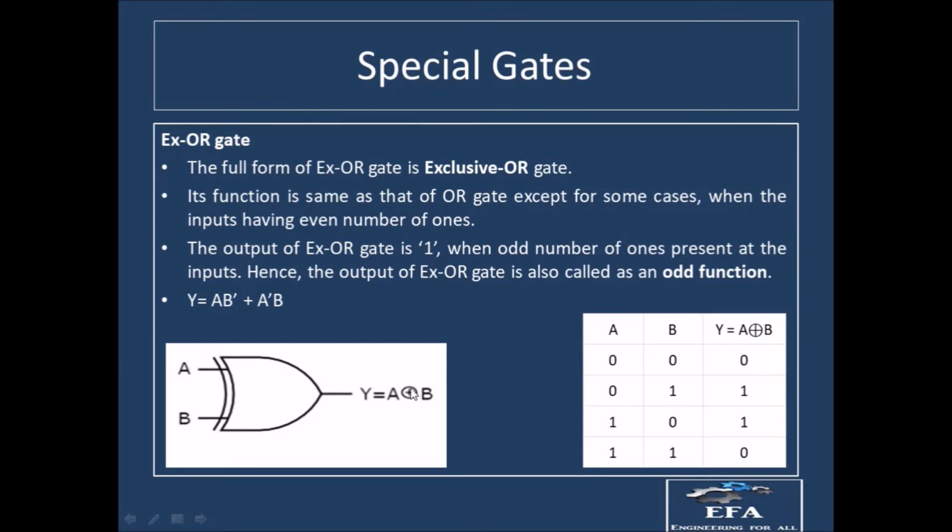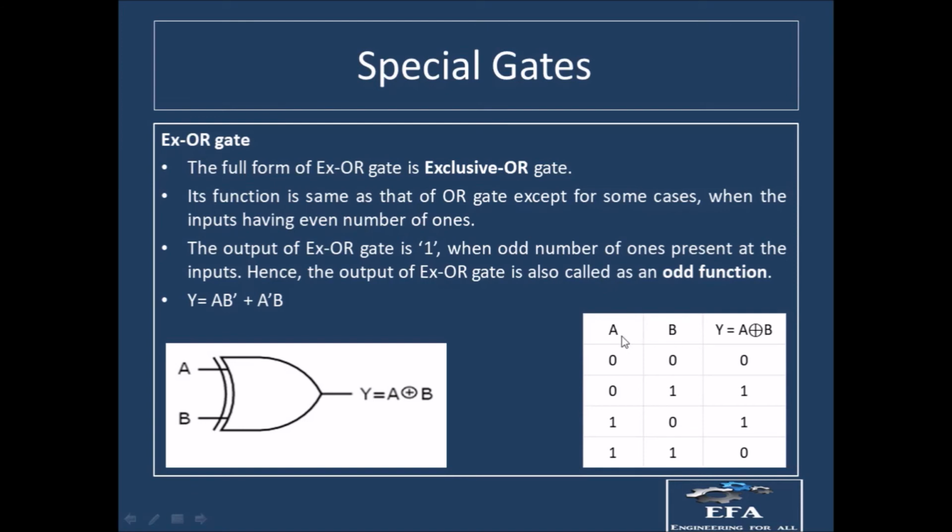So this is the symbol for the XOR gate, and if we expand this Boolean expression, this is equal to A B complement plus A complement B. Okay, so here you can see this is the truth table of the XOR gate, and this is again the basic truth table, right?